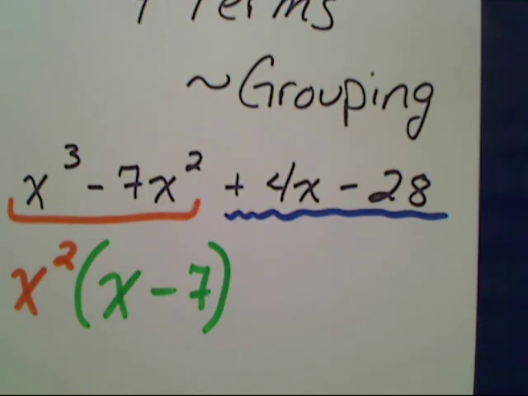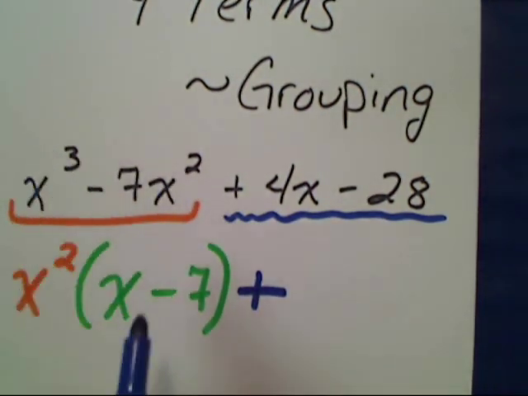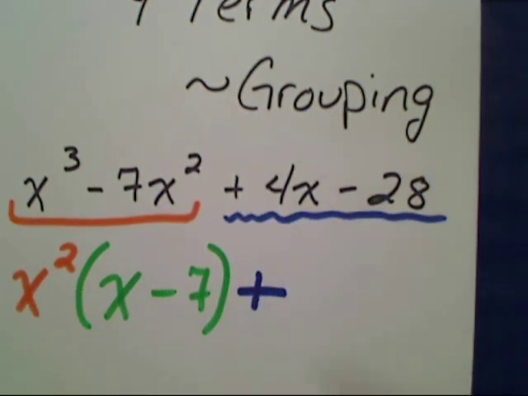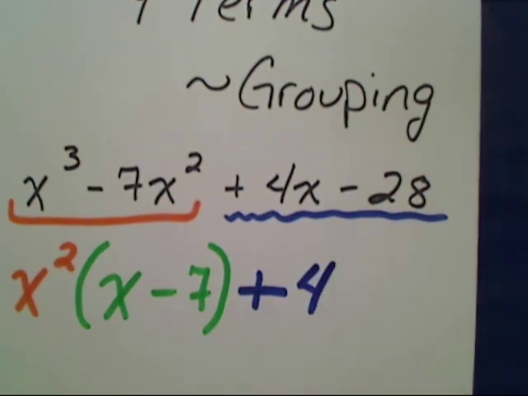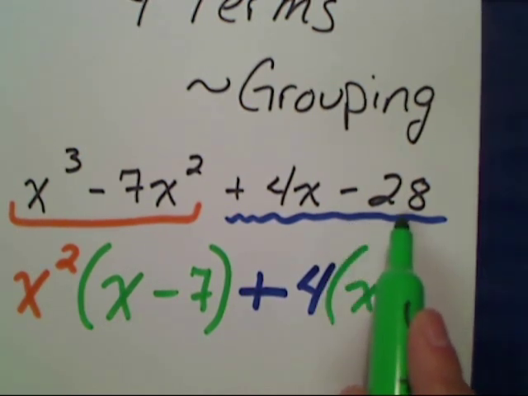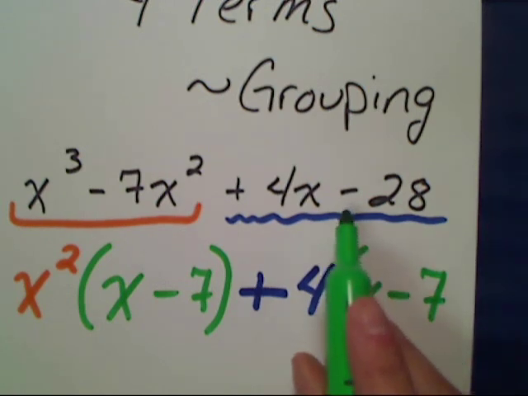Now it's a positive 4, and because I'm grouping 2 separate terms, I need to put that plus sign in to separate my terms, because I rewrote these 2 terms as a single term, taking out the greatest common factor of 4. If I take out a greatest common factor of 4, what am I left with? Taking the 4 out of here, I just have the x. 28 divided by 4 is 7. Nothing switched my sign.